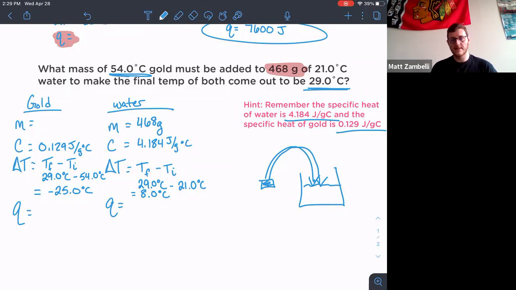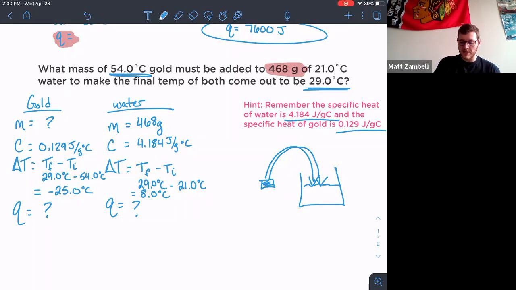Do we know anything else? Because right now this leaves us with 3 missing variables. So that's not great because that's 3 things we have to find.